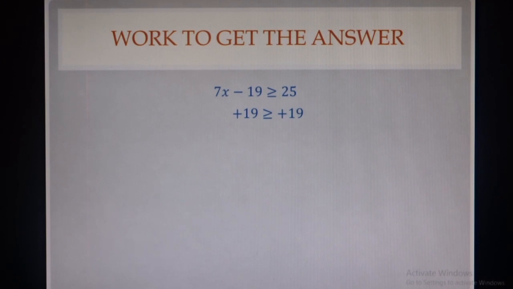That's going to give us 7x is greater than or equal to 44. Then we're going to divide by 7 to undo the multiplication between the 7 and the x. That gives us x is greater than or equal to 44 sevenths, or 44 over 7.